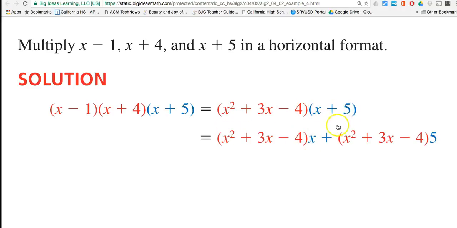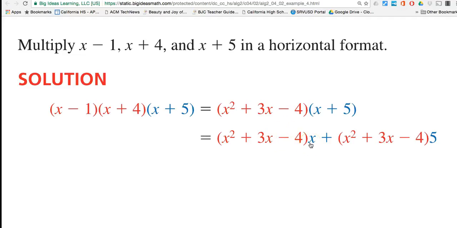So we're going to split this up, and we're going to do x squared plus 3x minus 4 times x, and then x squared plus 3x minus 4 times 5, and we're going to add both of those together. So when you're doing horizontal, you multiply the first two together, and then you distribute your third polynomial to that entire product.